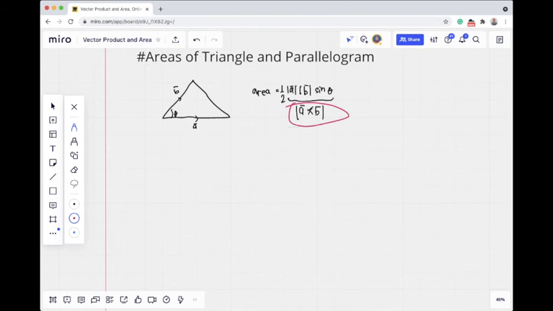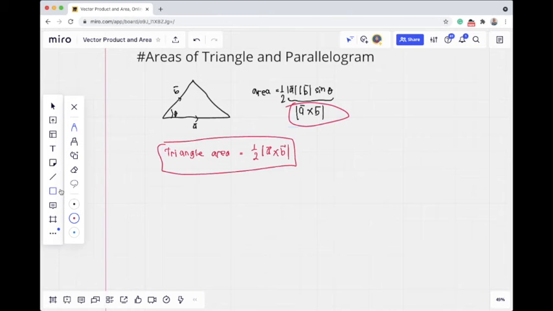So this is the magnitude of A cross B. So we can find the triangle area using cross product as half the magnitude of A cross B. Okay, so this is the area of triangle using cross product.